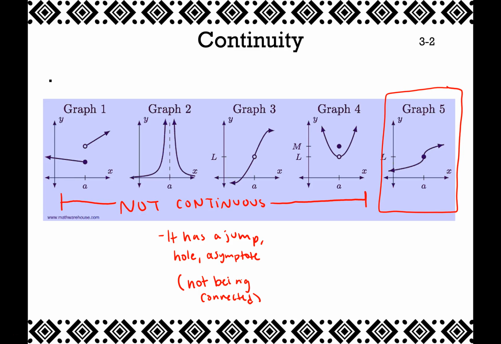Okay, so those are not continuous because there's some sort of jump, hole, asymptote, and they're really not connected at that particular value. Here, it is connected. This is very informal, right? We can see that this whole graph is connected. In fact, because of these arrows here, we could actually say that this function is continuous for all values of x.